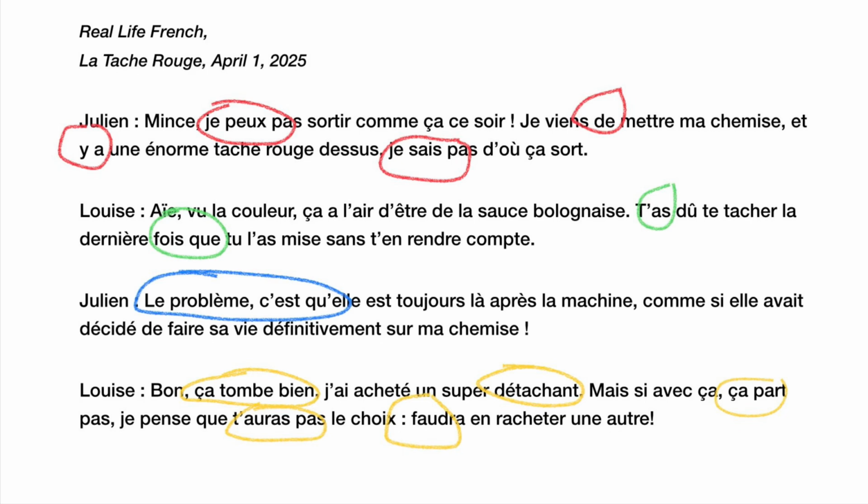So again, in formal or written French, it would normally be il faudra, the future tense of falloir. But here in spoken French, the il is dropped, leaving faudra. So it's important here to keep the meaning of the phrase and understand the meaning, but understand the sound has been dropped in modern spoken French.